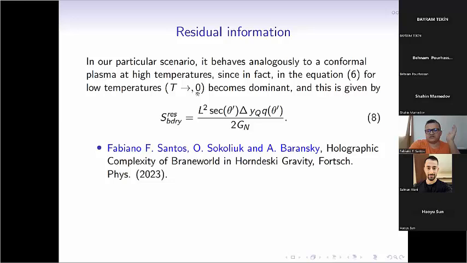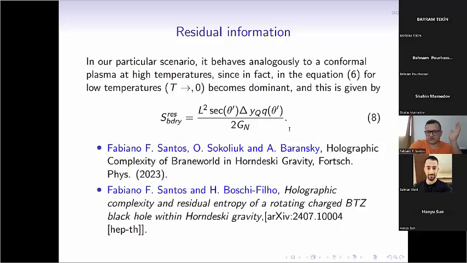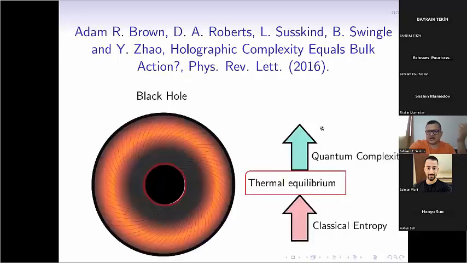And in the low temperature, we have residual information for the black hole. What does this mean? This means that the black hole continues emitting information, right? Even at 0 temperature.